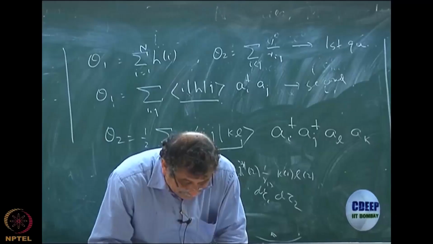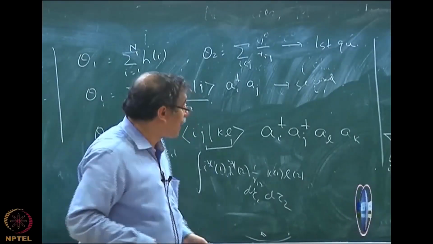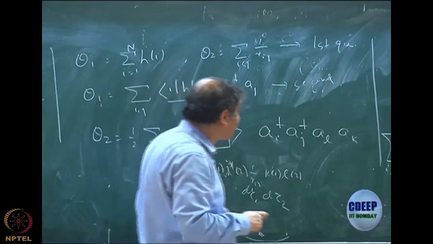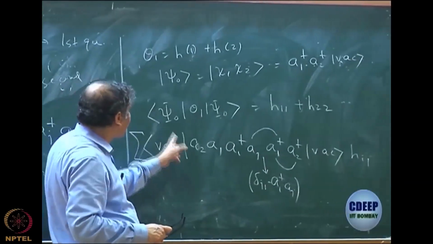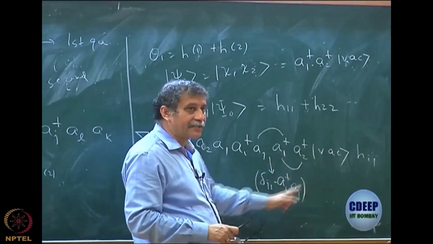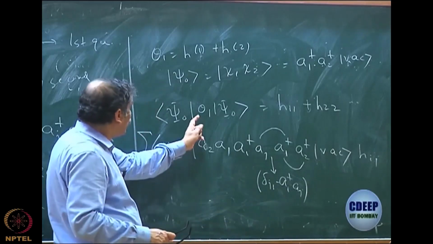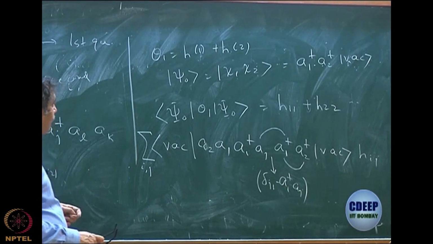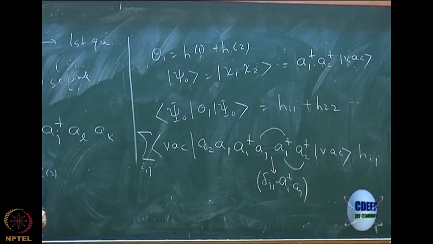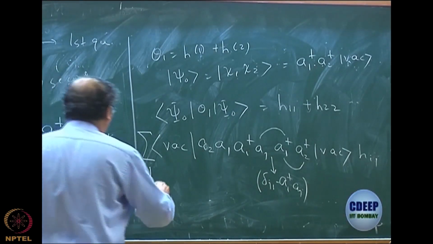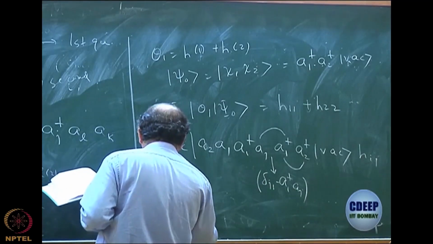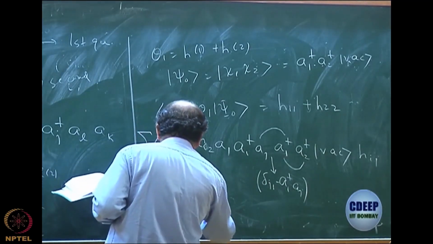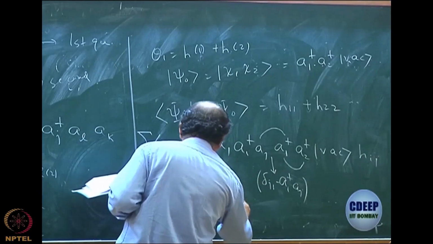The other way, sometimes simplification is that do not expand psi naught, keep psi naught as it is, only expand theta 1 in terms of the basis, and then let the orbitals act directly on psi naught. So you can get an expression like psi naught A dagger AB psi naught.